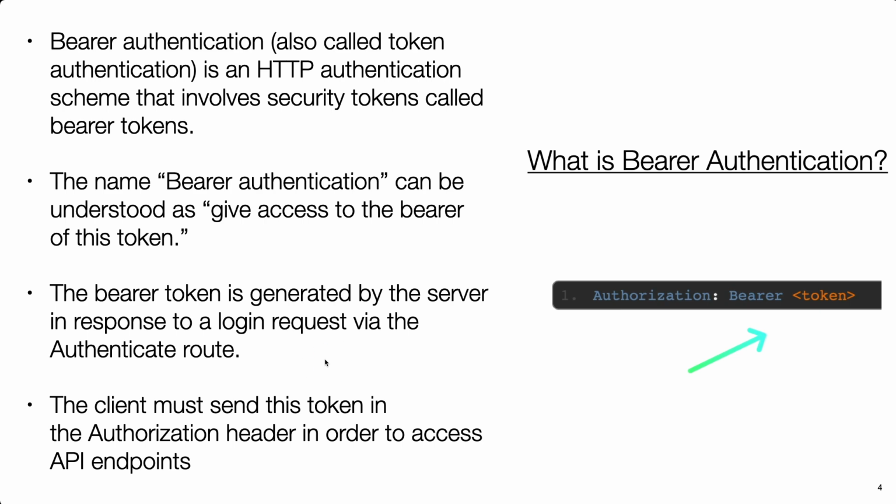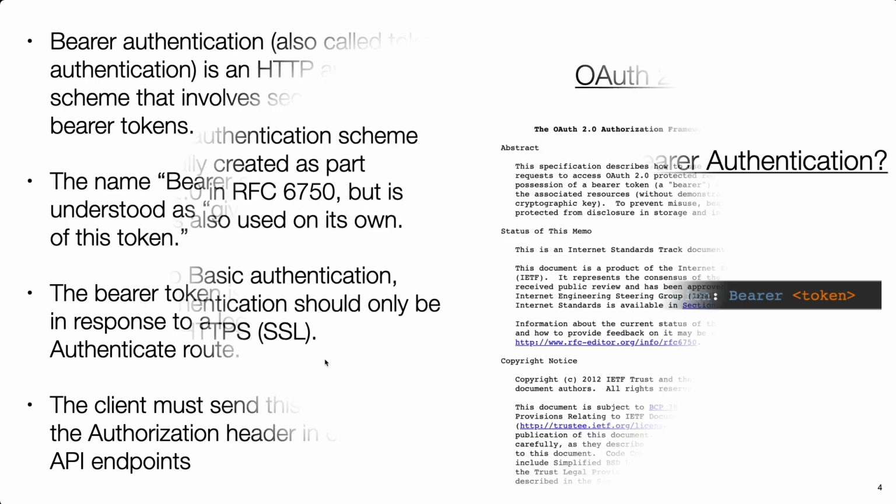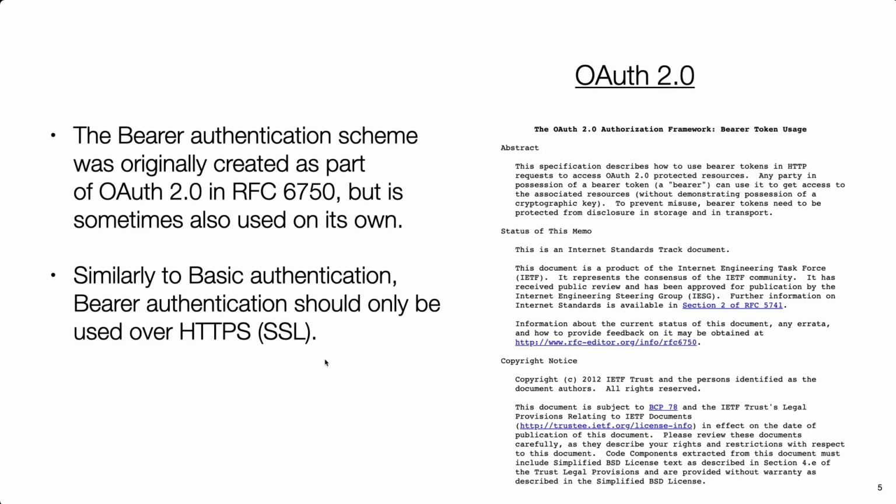So where does this leave us? Well, bearer authentication is a standard specified in OAuth 2. And OAuth 2 also has some other interesting recommendations around what the token should look like.